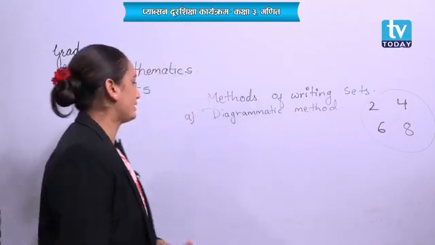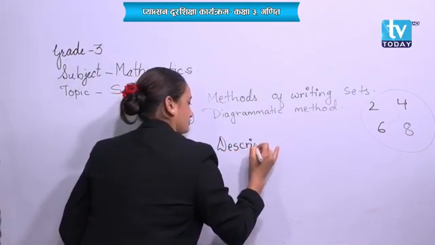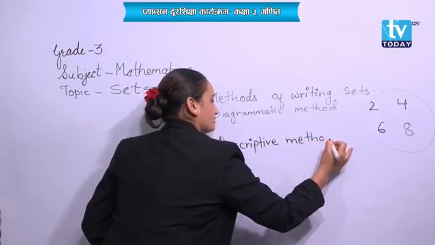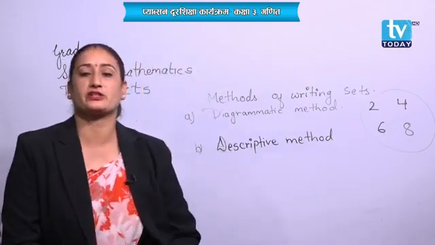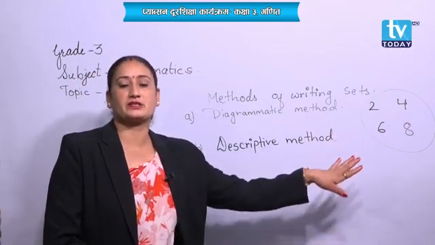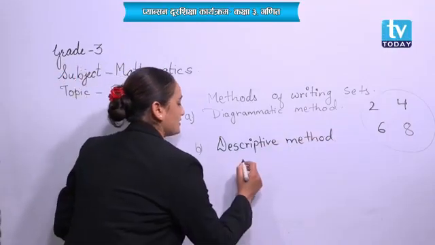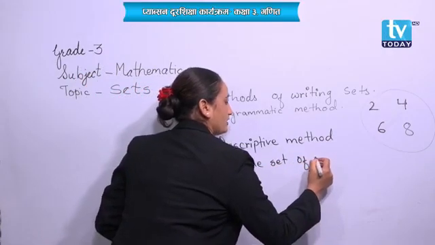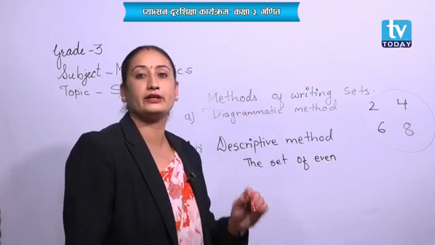Done? Okay, now next is descriptive method. That means to describe this picture. How to describe? You have to describe this picture in words. The set of even numbers. 2, 4, 6, 8 mean they are the even numbers.